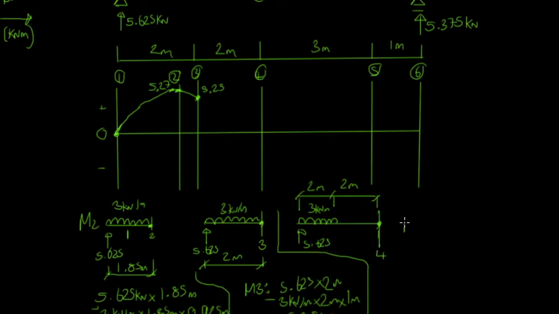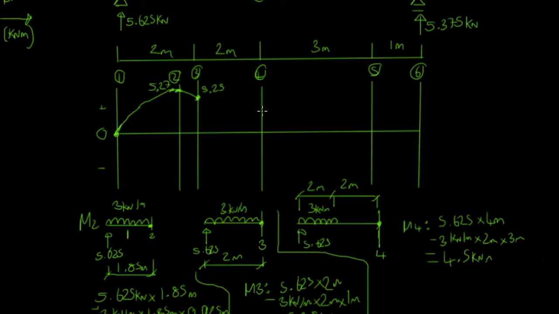So M4 is going to be 5.625 times 4 meter lever arm, and take away 3 kilonewton per meter line load times 2 meters times a 3 meter lever arm, and that's going to equal 4.5 kilonewton meters.